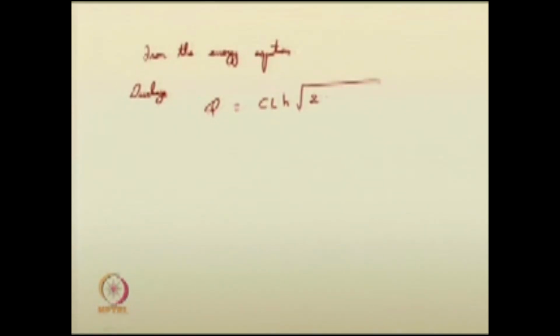So, from the energy equations, it is understood that the discharge, say on a vertical sluice gate, can be given as C L H root of 2g times y1 plus, if your alpha, that is the energy correction factor, is significant, you need to incorporate it, alpha V1 squared by 2g.